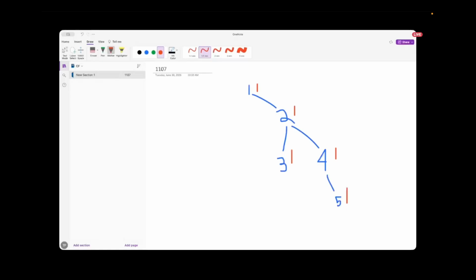The problem tells us that for the first test case, any unordered triplet in this graph is good, since no matter what path you take on this graph, the product is always one.